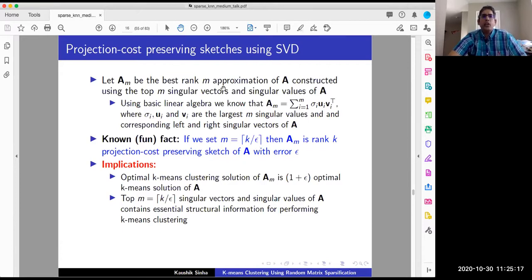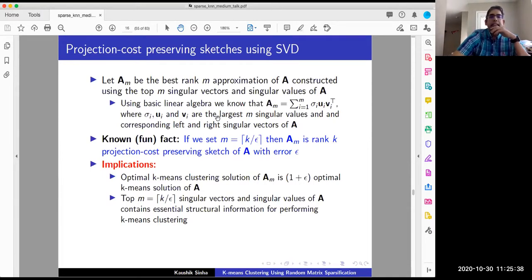The projection cost preserving sketch using the singular value decomposition is as follows. For the given data matrix, let A sub M be the best rank M approximation of A, constructed using the top M singular vectors and the corresponding singular values of this data matrix.